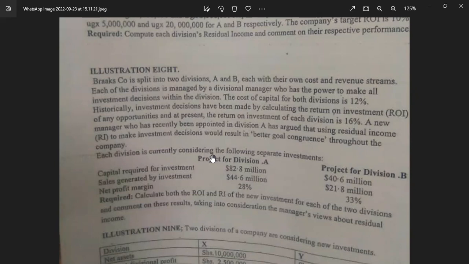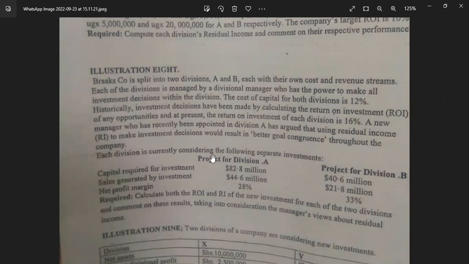Historically, investment decisions have been made by calculating the return on investment of any opportunities, and at present the return on investment of each division is 16%. So each division is doing well. A new manager recently appointed in Division A has urged that using residual income to make investment decisions will result in better goal congruence throughout the company. That is his argument.